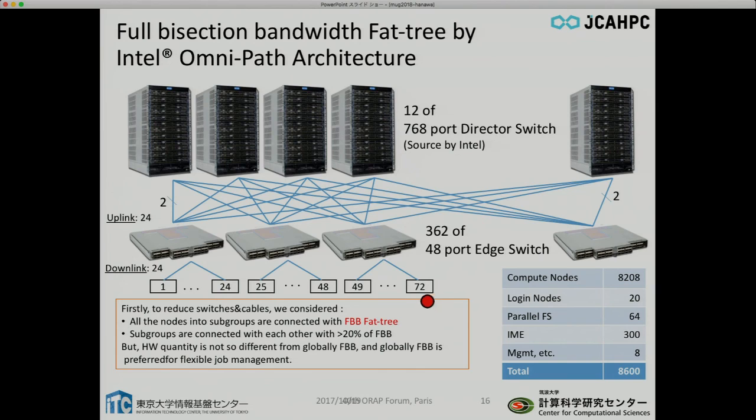And the IME system consumes many OPA ports to acquire the bandwidth. So in total we had 8,600 ports for the entire system.